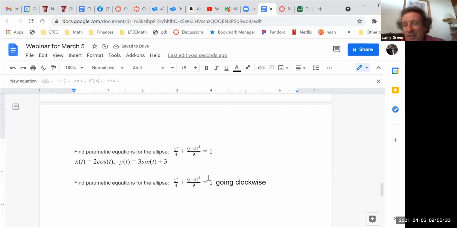Because remember, parametric equations are more than just the graph. It's how you're moving. So if we wanted to move clockwise around the ellipse instead of counterclockwise, what would we do? The hint is it's very simple. Any thoughts?